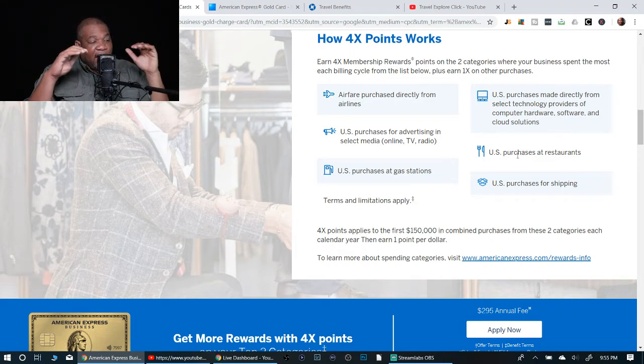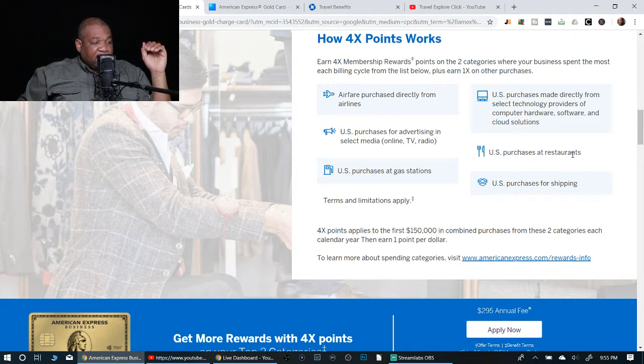Shipping is probably one I would utilize because I can get 3 times points with my Chase Sapphire Reserve for dining, which is pretty good, whereas for shipping, I haven't found a card that's going to get me that 4 times value. So I would probably use it for that.